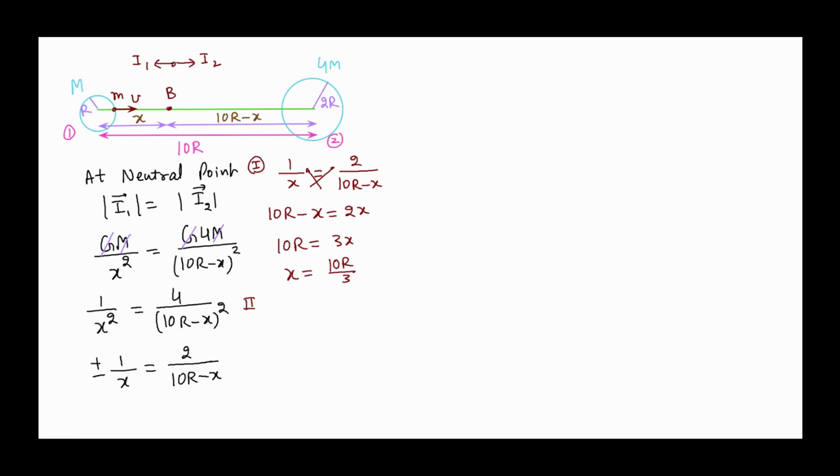And in the second case, I can take the negative sign. Minus 1 by x is 2 upon 10r minus x. Now if I cross multiply, minus 10r plus x is equal to 2x. So x is equal to minus 10r. The answer cannot be negative because it will lie outside. The negative answer lies outside. So the answer is 10r by 3.